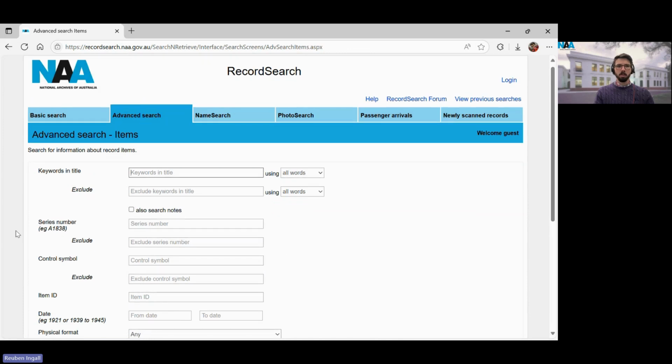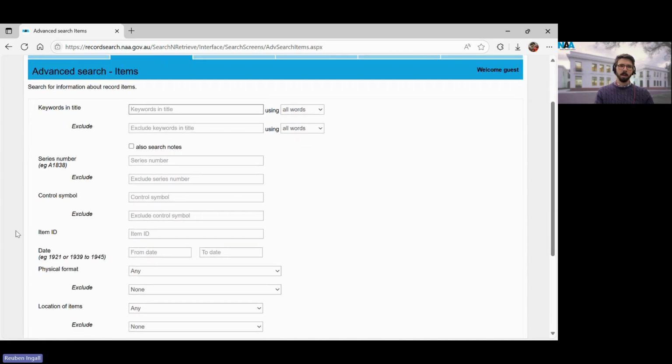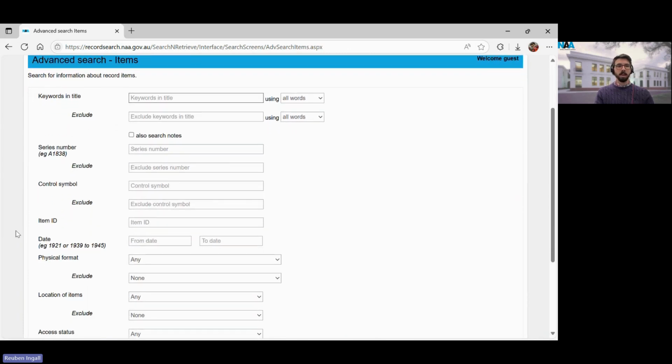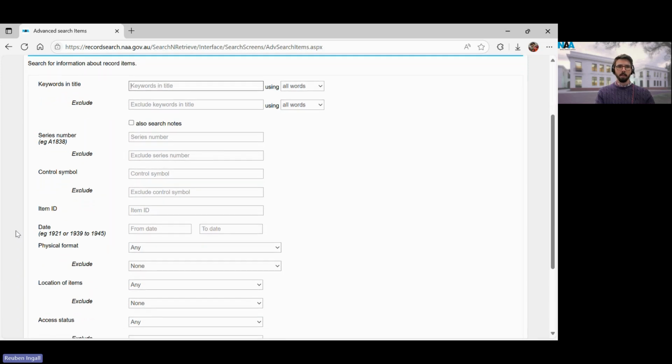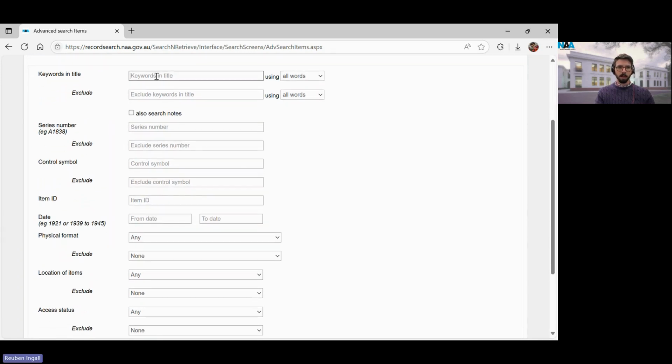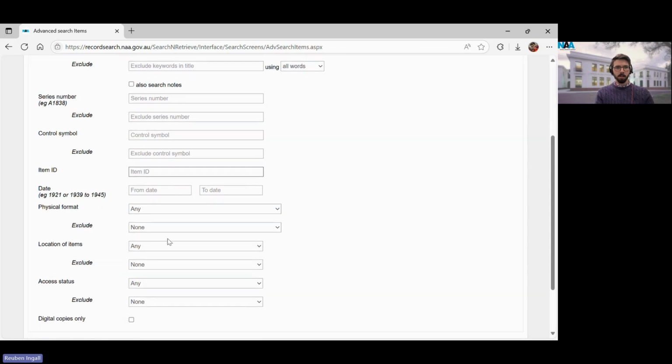And all those fields we saw on the item and series detail screens earlier, you're able to search for, using those, not just the title, but if you have an item ID that you've jotted down earlier, you can jump straight to that record. You can refine by date and even by the location and format of items, audio, photographs, etc. All those fields are here.